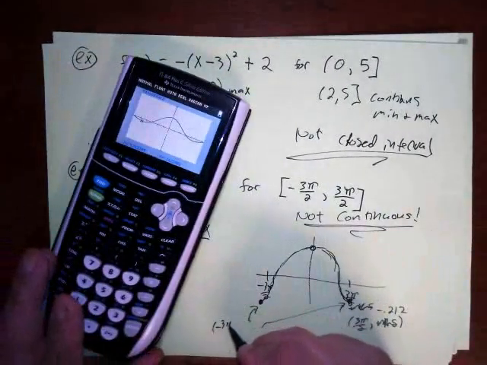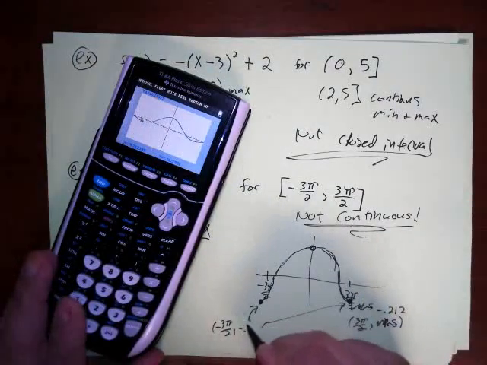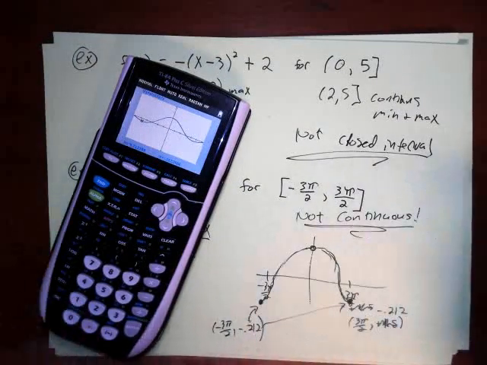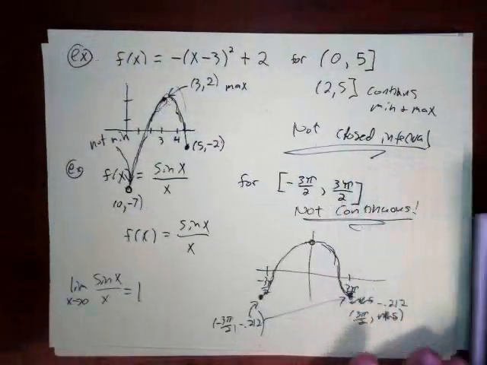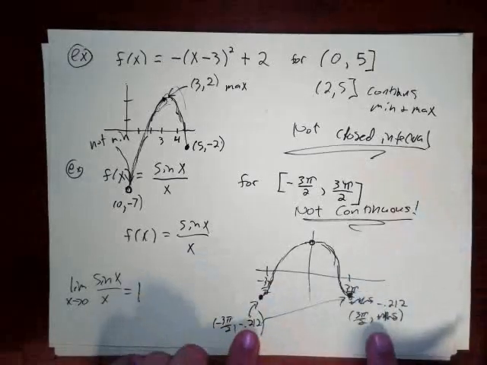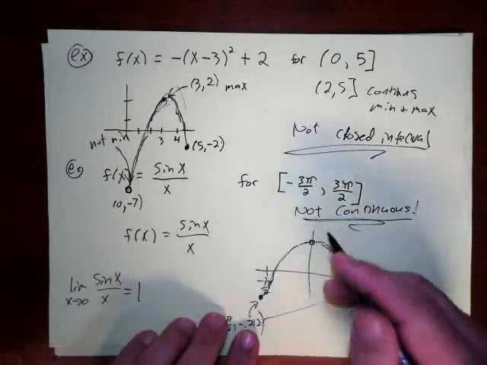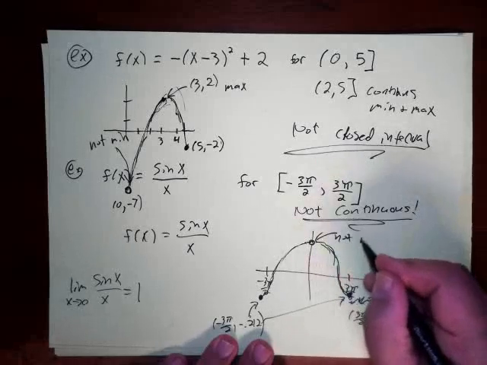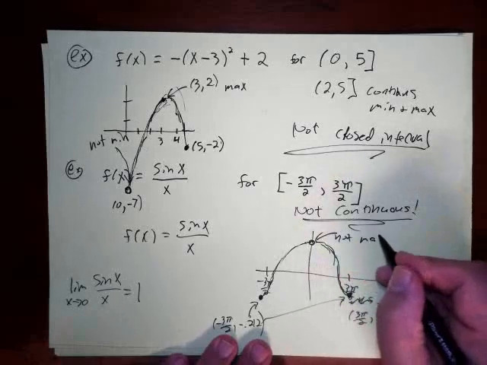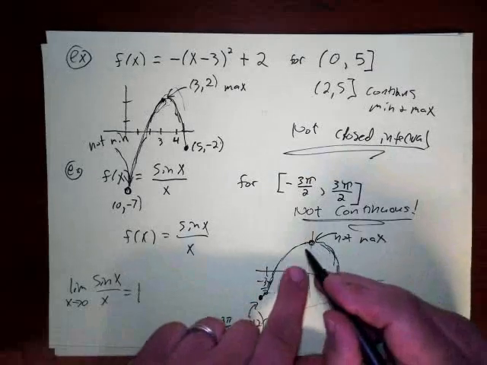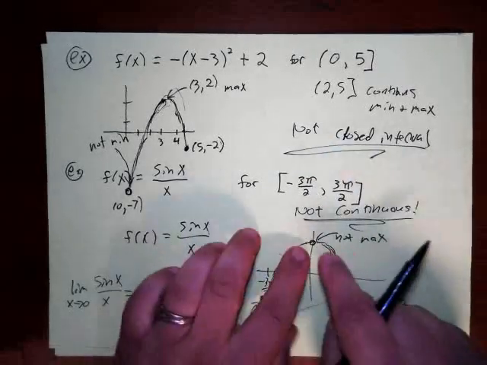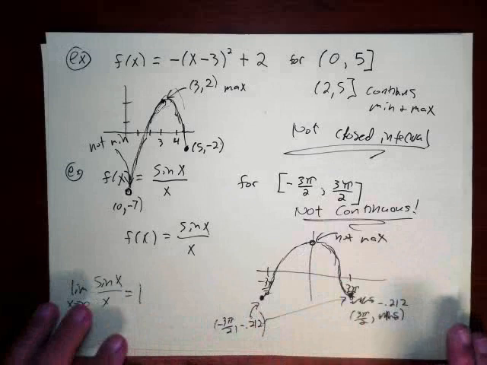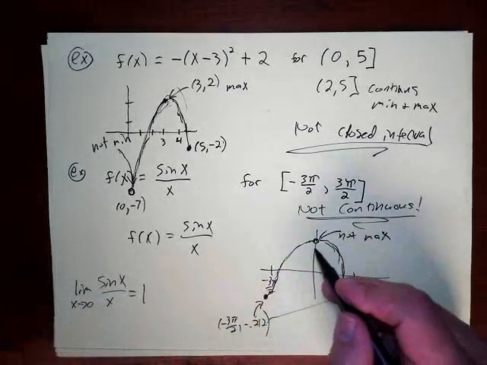And then 3 pi over 2 is also negative 0.212. Okay, so these are the minimum values. But the maximum value, this is not a max, because it doesn't take on 1. It'll get infinitely close to 1 on either side, but it doesn't take on the value of 1.